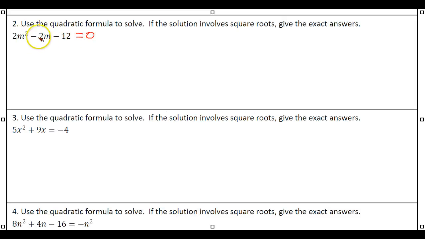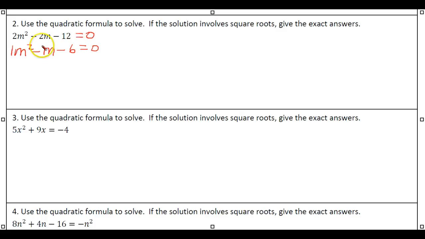Now, as we look at this, it didn't have equals 0. I think that was inadvertently left off. If we divide everything by 2, which we can do here, we get m squared minus m minus 6 equals 0. So this is a little easier to work.